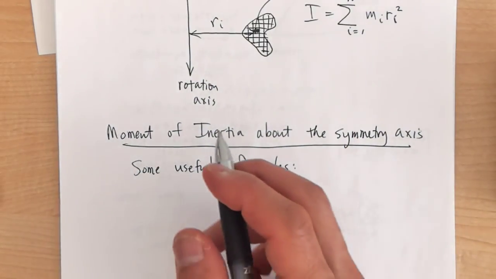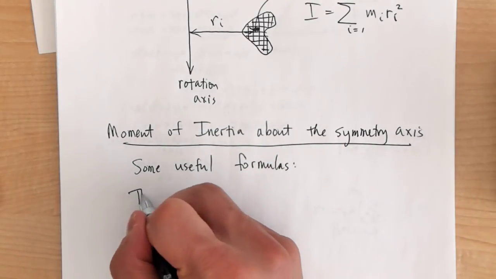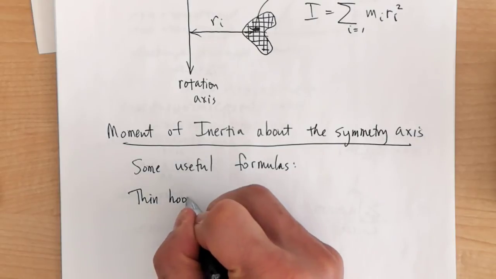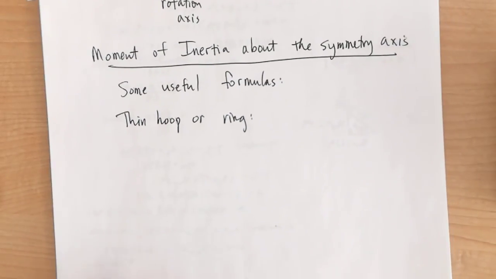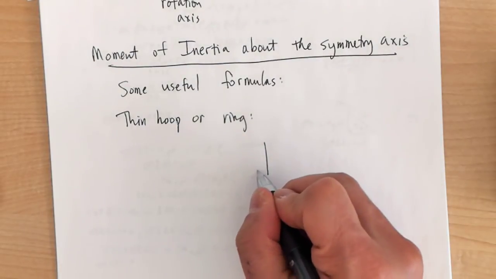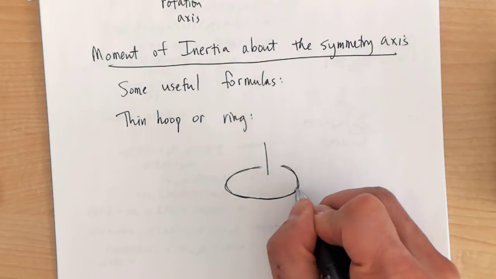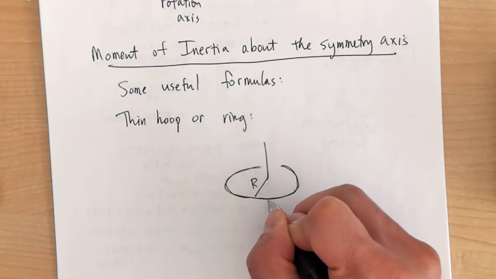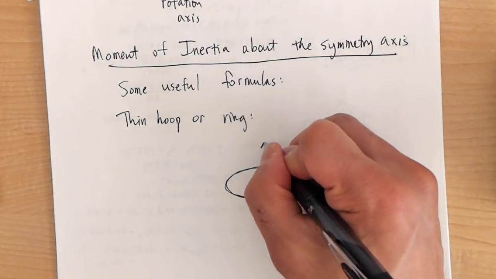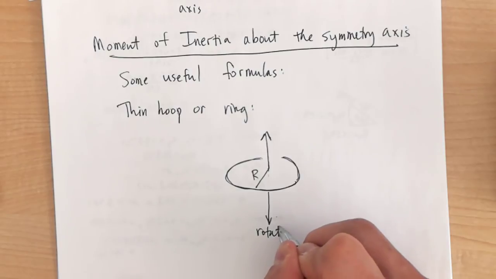The first one is for a thin hoop or a ring. So if I have a thin hoop or a ring, I have something like this. And so I have some radius capital R, and this is my symmetry axis. I'm rotating. This is the rotation axis.